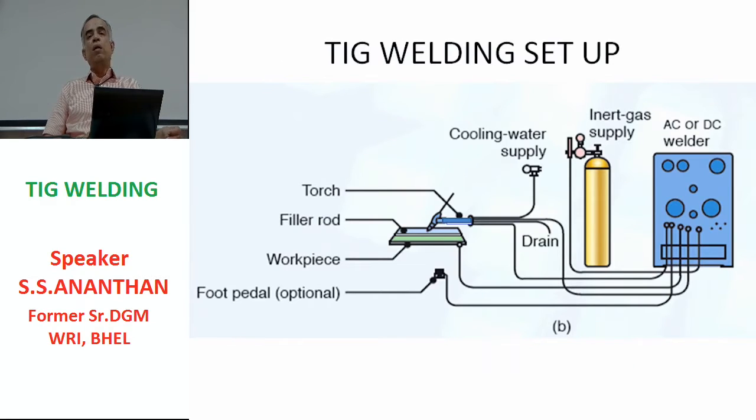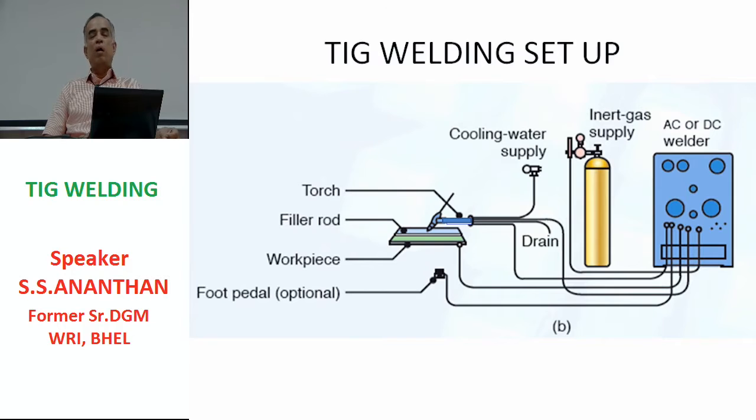To see the total welding setup, the welding system consists of a welding power source which gives the electrical energy for the arc. That's the most important part of the system. The second important part is the torch, which is connected to the power supply and holds the tungsten electrode and provides the shielding for the welding area.